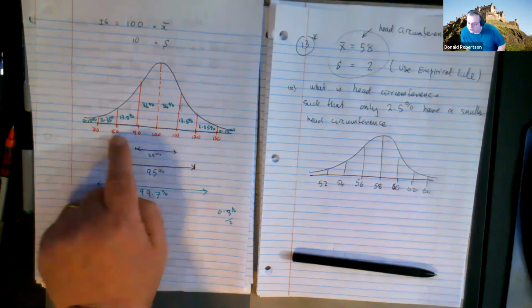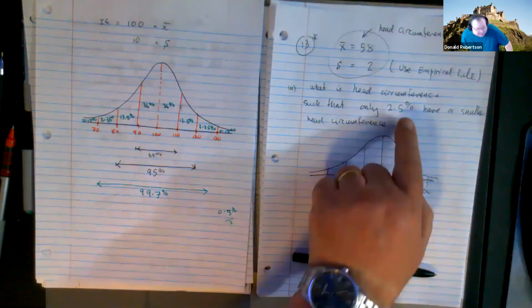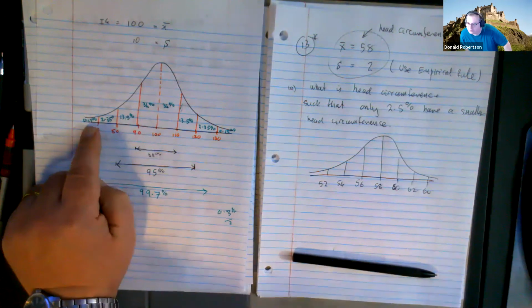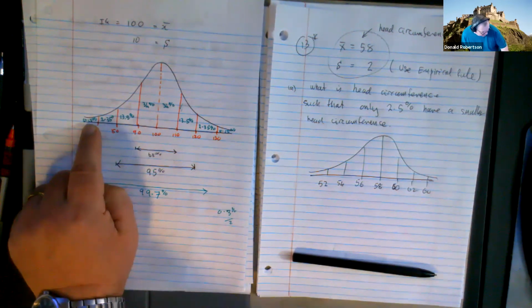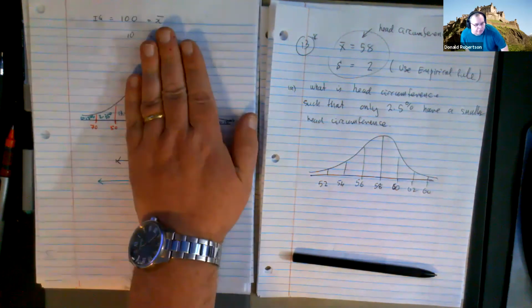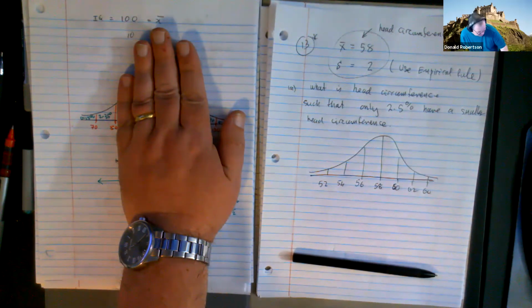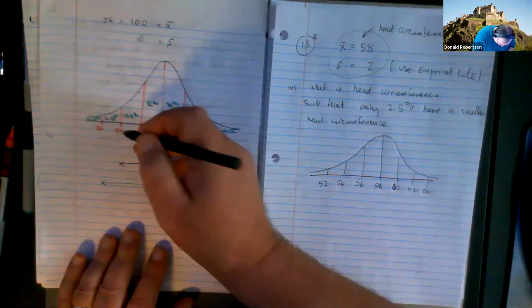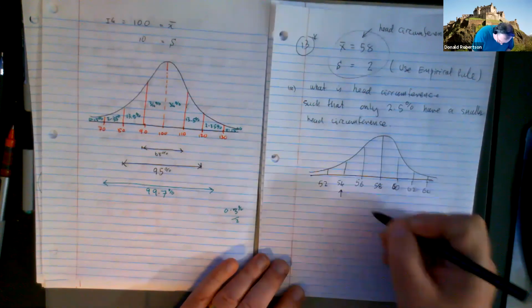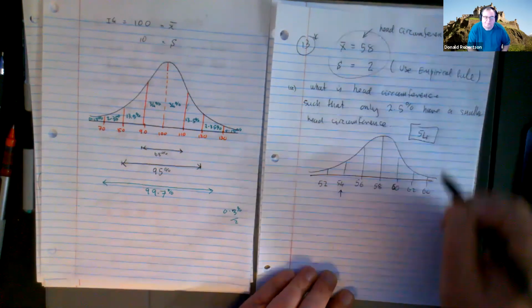So can you imagine these numbers are these guys, right? Let's look where the bottom 2.5% are. Would you agree 0.15% here? If you add this piece to it, doesn't that get you the bottom 2.5%? You agree? The bottom 2.5%. Where is that? That number there is him. So your answer, 54.